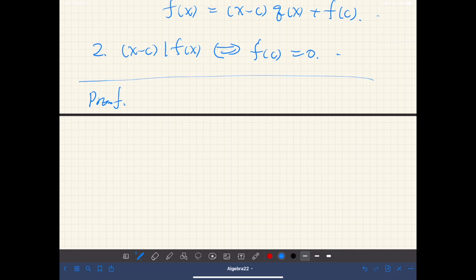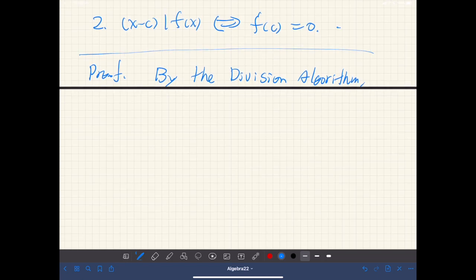Okay. By the division algorithm, which we have just proved, there exist some polynomials q of x and r of x such that f of x is equal to x minus c times q of x plus r of x.